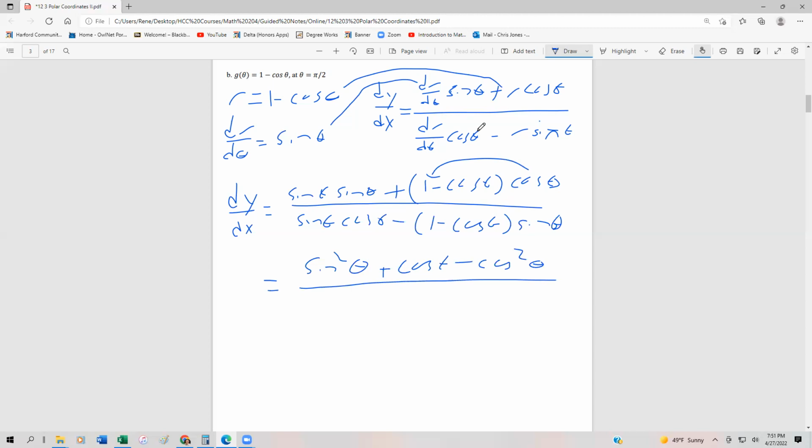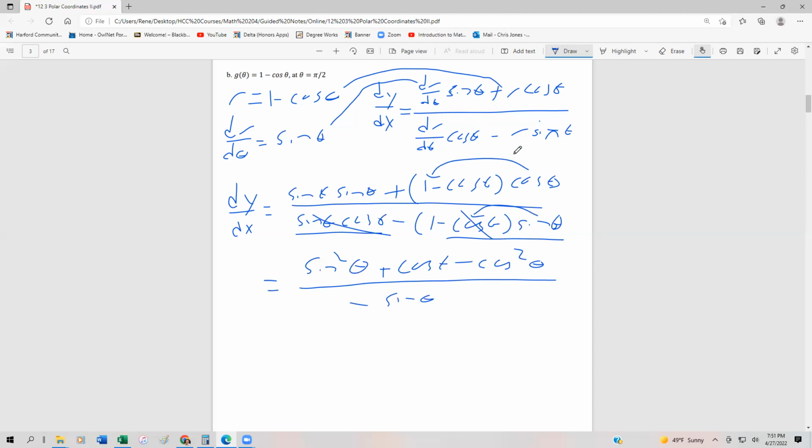Now we're finally going to divide that by, if we were to expand this out, notice we have a sine theta cos theta and then a negative sine theta cos theta. So those would cancel out. And so we would just be left in our denominator with a negative sine of theta.